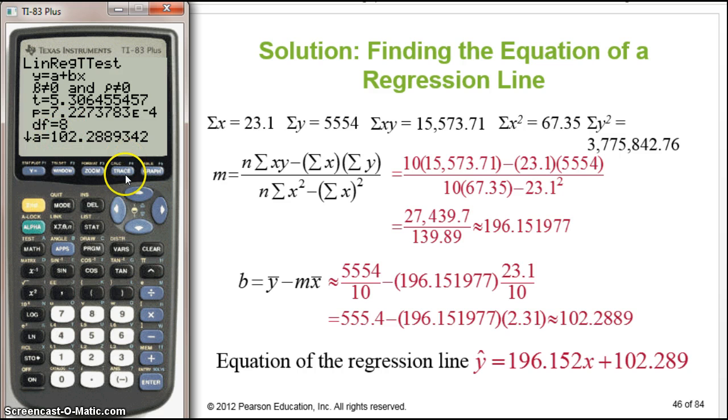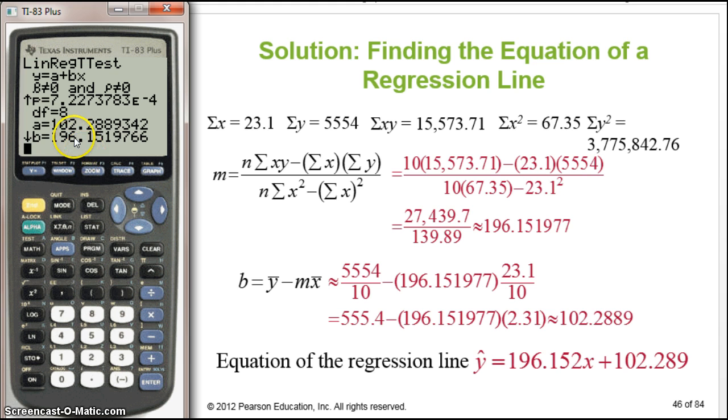So there's a. Scroll down. There's b. Okay, y-intercept, then the slope. Okay. When you do the homework, they might actually switch the order. They might actually want the slope first. They might want b first, and then a. So be careful for that.